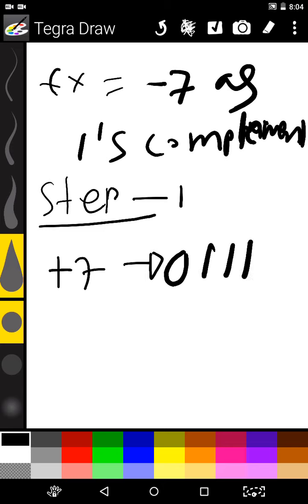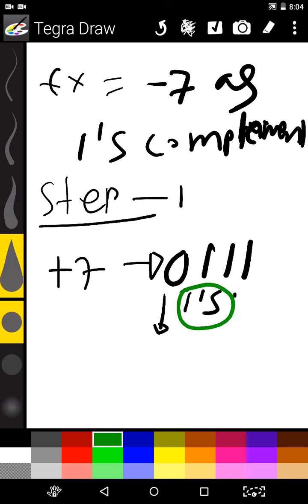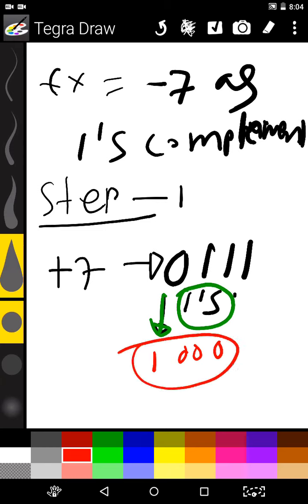So now we will convert to the 1s complement of this number. The 1s complement of this number will be how much? 0 will be 1, 0 0 0 becomes 1 0 0 0. This is the 1s complement representation of -7.